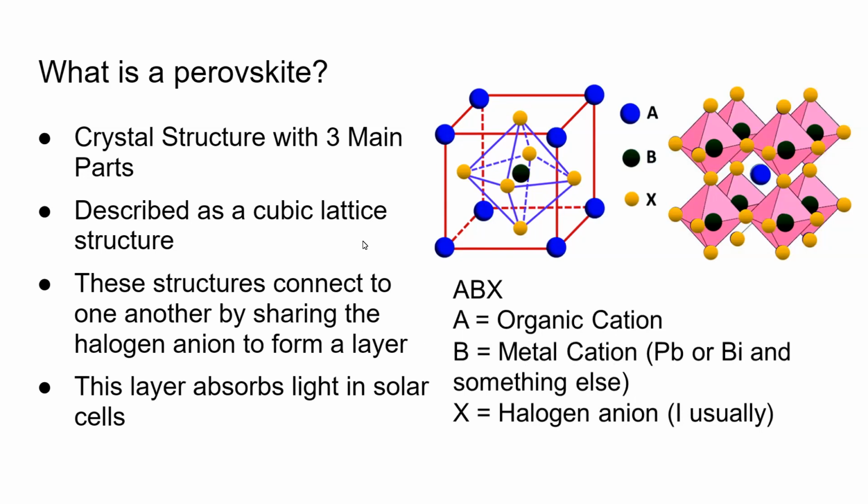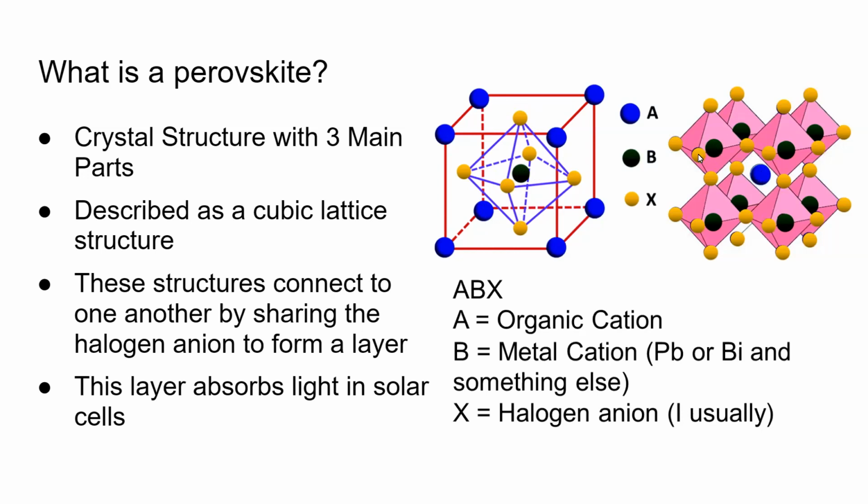So it's described as a cubic lattice structure. You'll see in the corner here, these eight blue points make this cube. Inside it, you have your halogen anions, and then in the center, you have your metal cation. And then over on the other side, you'll see how they connect. They connect via the halogen anion. And then in the center here, you'll have your organic cation.